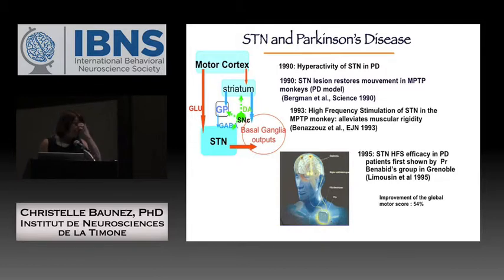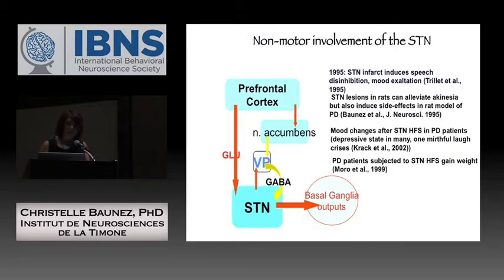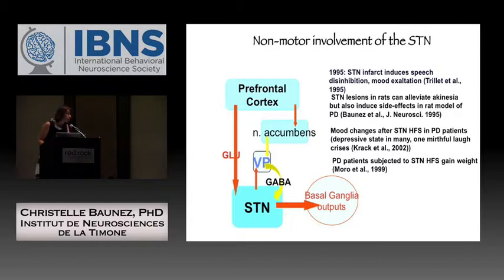But in parallel to that, I was working in the STN of rats, and we had seen that we could actually alleviate some motor signs of behavior in our Parkinsonian rats, but we were also affecting something else. And that's what led us to look at the non-motor involvement of the subthalamic nucleus.